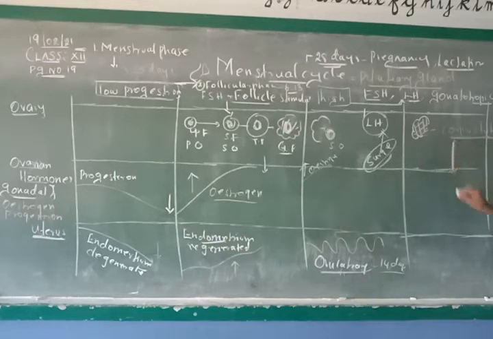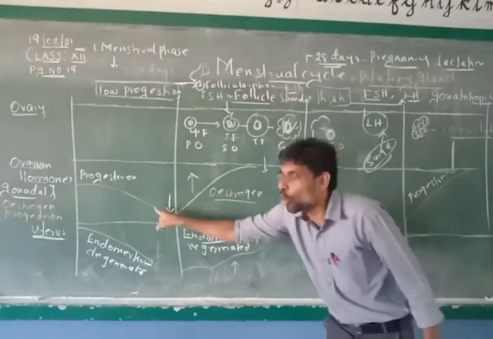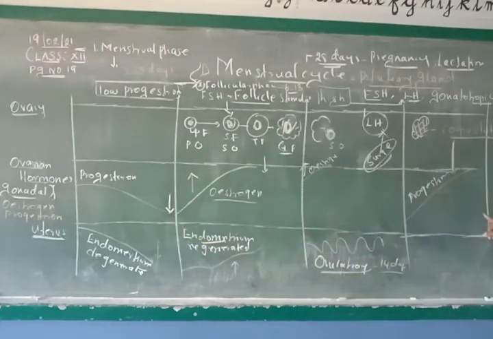Whenever corpus luteum is there, the hormone called progesterone increases. There it was lowest, here it increases. So corpus luteum secretes a hormone called progesterone. Whenever corpus luteum is there, progesterone is there.